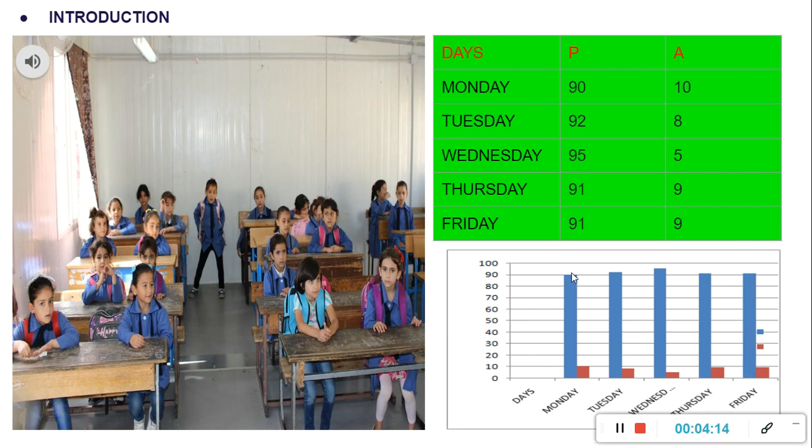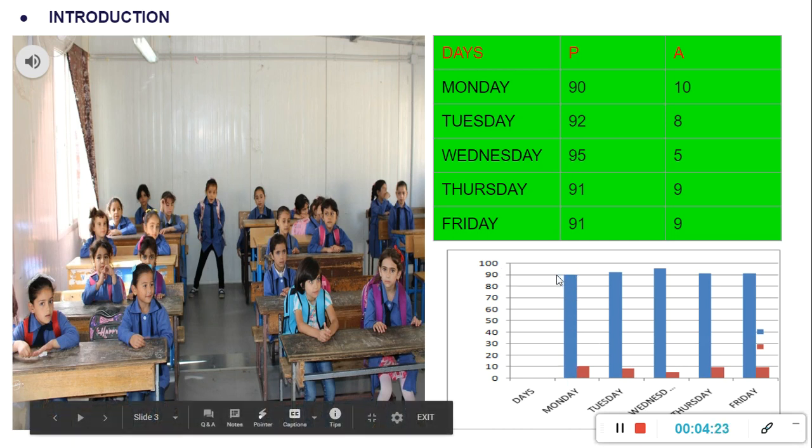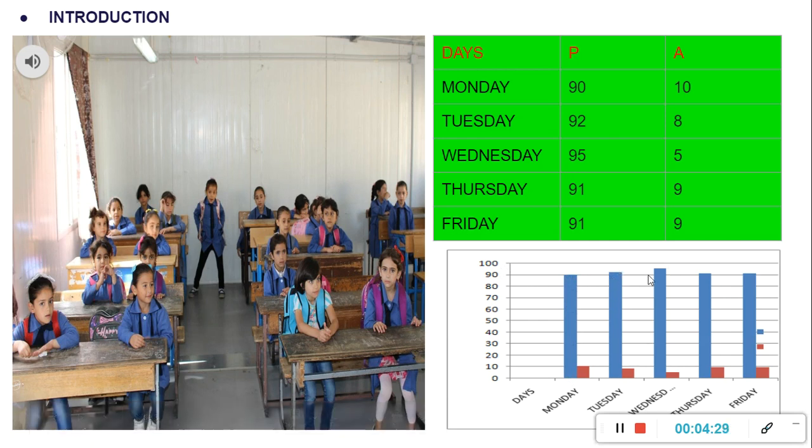So let's say the graph for Monday is something like this. For Tuesday, slightly bigger than Monday. For Wednesday, again slightly bigger than Tuesday. For Thursday, it falls back, something like this. And Friday remains the same as Thursday.